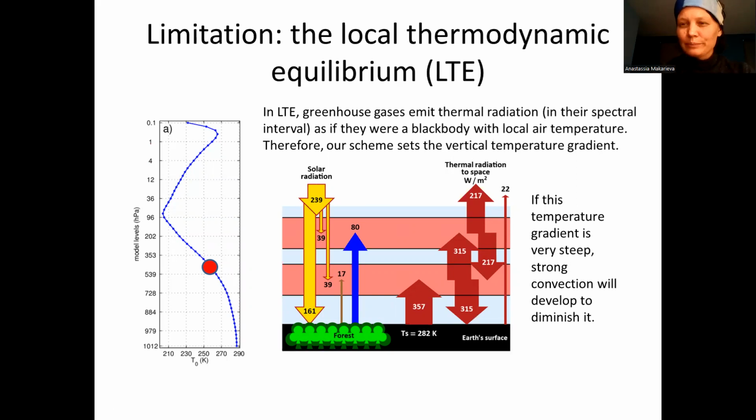It just says that in this equilibrium, these greenhouse gases radiate thermal photons as if they were a black body having the local air temperature. So they emit in their own spectral intervals, but as if there were a black body here which had the same temperature as the air.